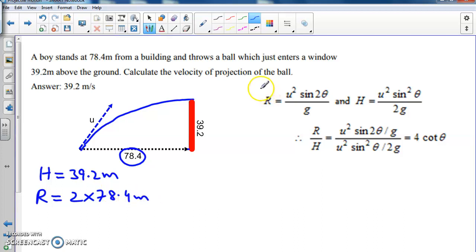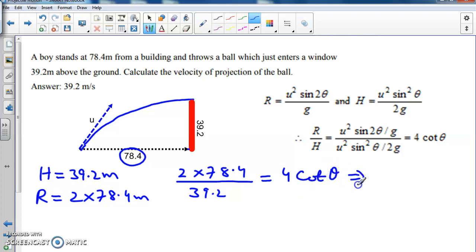Now using the formula of r and h, and on dividing, we have r upon h is equal to 4 cot theta. Therefore r is 2 into 78.4 upon h is 39.2 equals to 4 cot theta.